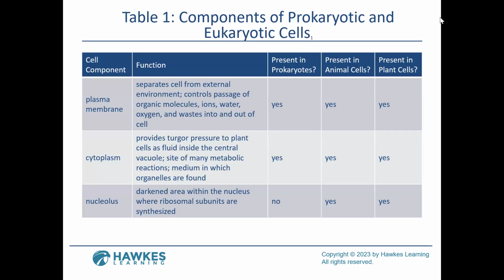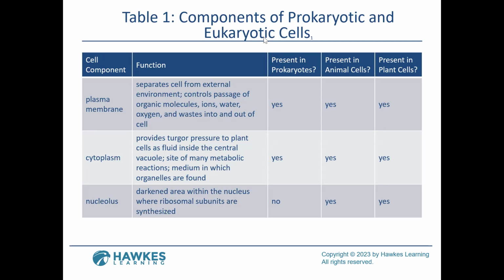Components of prokaryotic and eukaryotic cells. Plasma membrane, obviously we said it separates the cell from the external environment. It is found in all of them. Remember we said that all cells must have plasma membrane. All cells must have DNA. All cells must have ribosomes, and all cells must have cytoplasm.